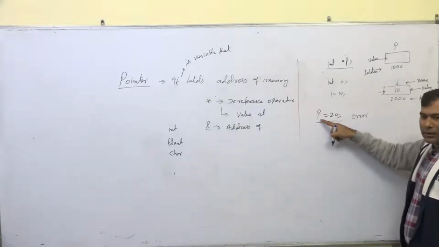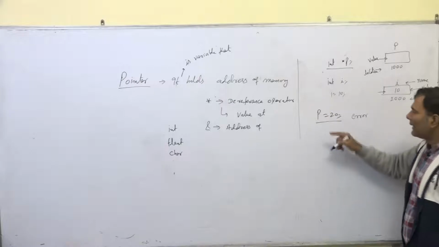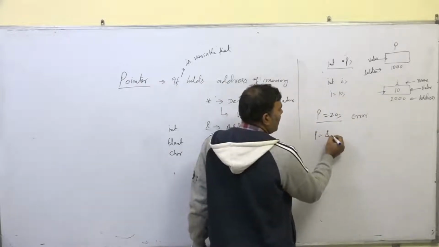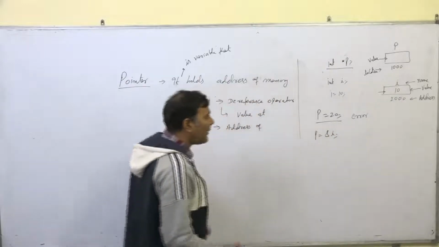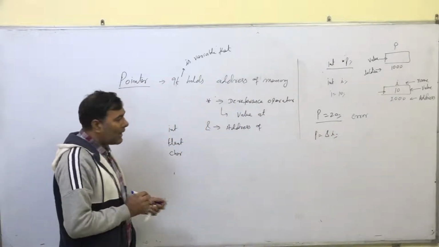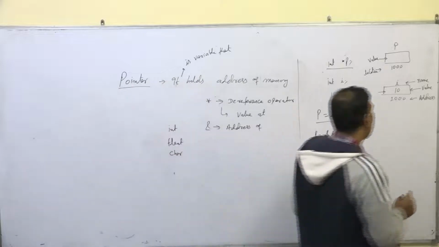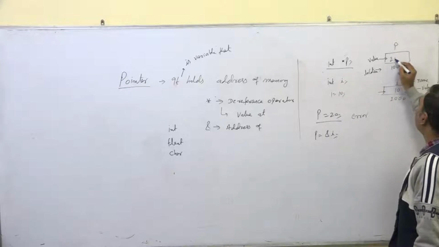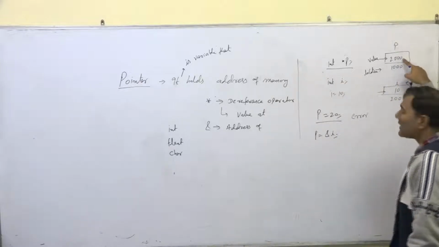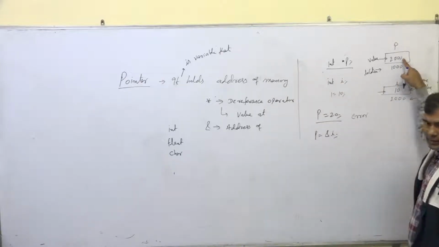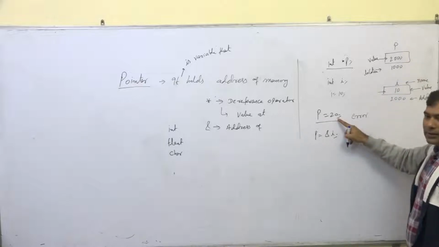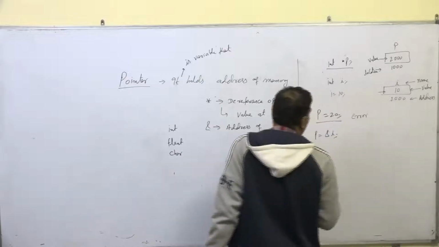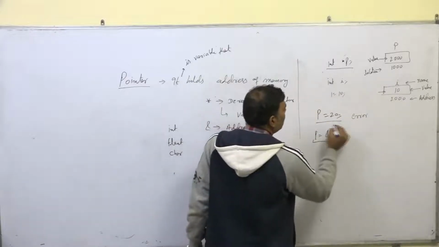In P you need to store an address, let address of I be 2000. Now this 2000 is going to be stored in P. So the value of P must be an address. Clear? Got it?